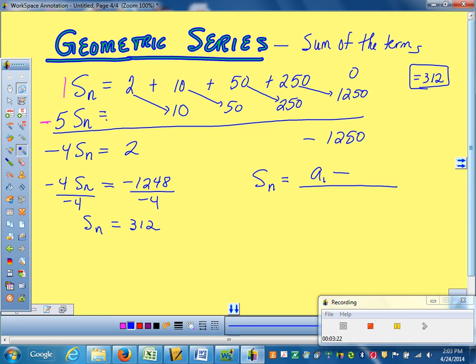The last term times the ratio. So the last term times the ratio gave me 1250. I ended up dividing by negative 4. Where did negative 4 come from? It was 1 minus the ratio. So you divided by 1 minus the ratio. And ta-da! There is your formula.